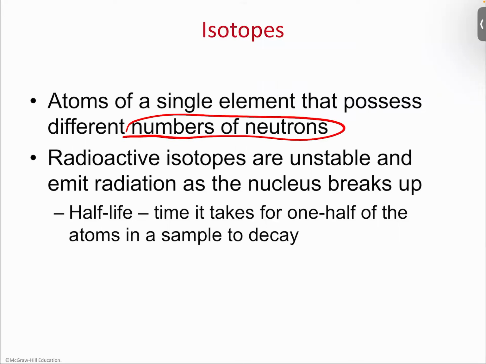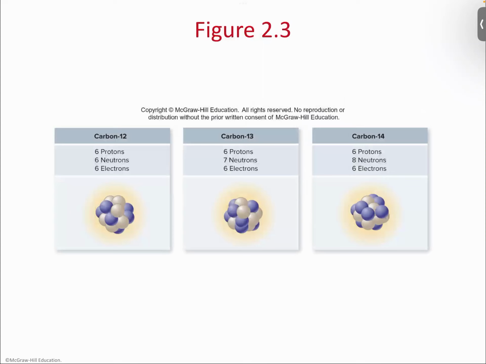Carbon is the best thing to look at because we're mostly made of carbon, and it's a stable element, and it forms an entire branch of chemistry, organic chemistry.